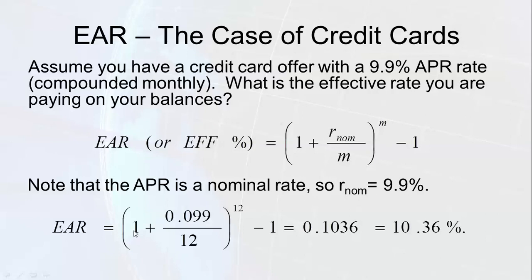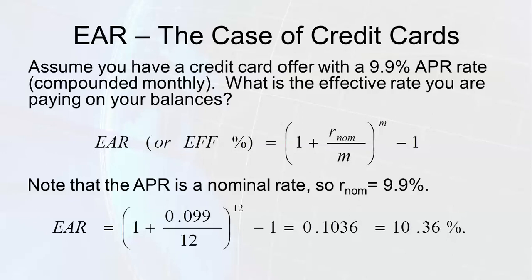So 1 plus, I would like to put the decimal format of the percentage, 0.099 divided by compounding, which is 12, the whole thing raised to 12, minus 1. That's going to give you 0.1036, which is equal to 10.36%.